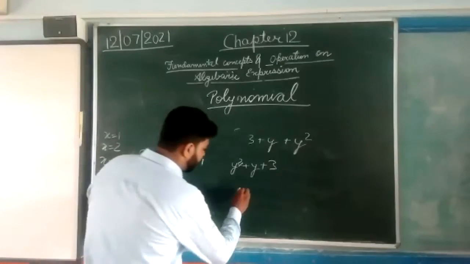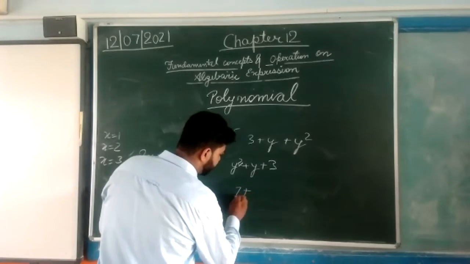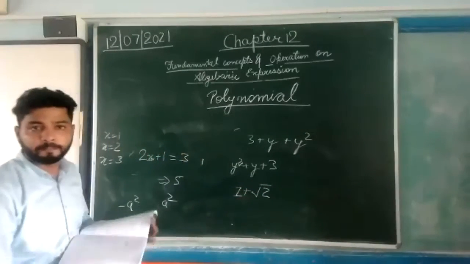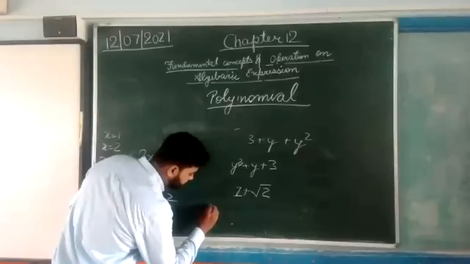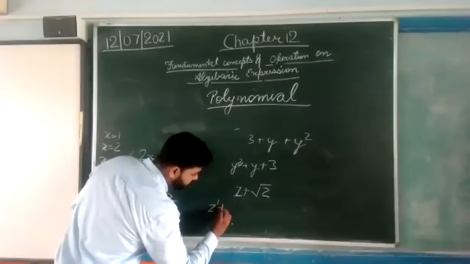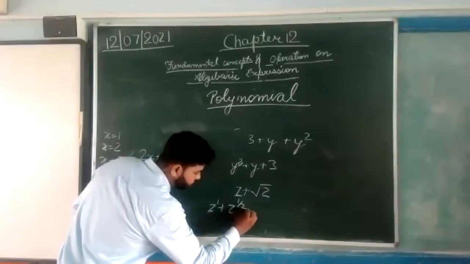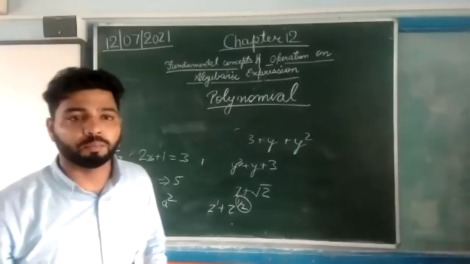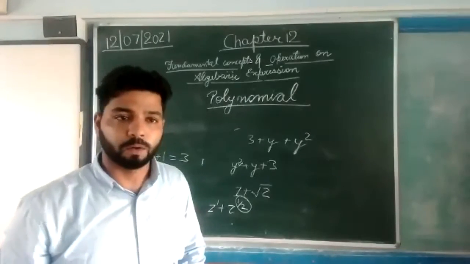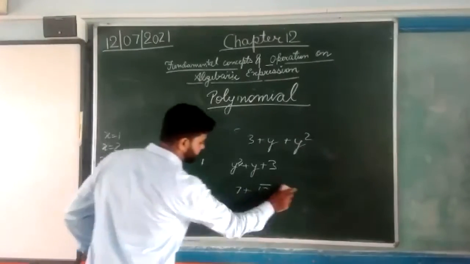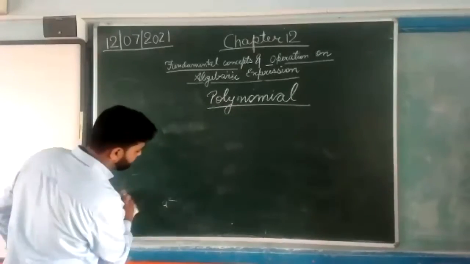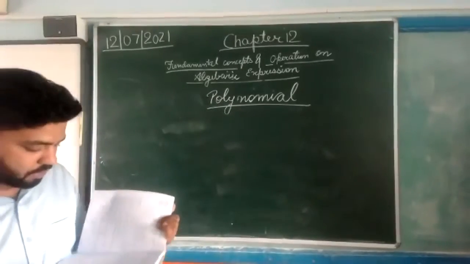Thank you, sir. And let's suppose that is z and root z. So it will become z to the power 1 and z to the power 1 upon 2. So z is having the fractional power, so it is not a polynomial. Okay. Now, everyone.